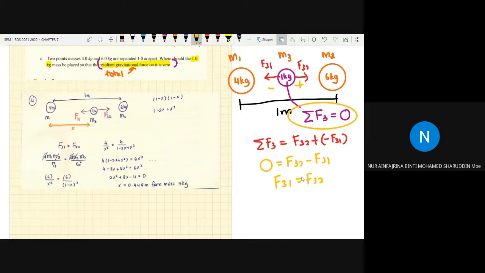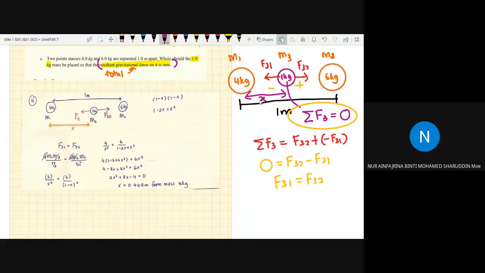Tetapi macam mana Miss nak tentukan distance dia? Dia dah bagi tahu 1 meter and it's up to you. Awak nak kata X awak daripada 4 kg boleh ataupun X awak dari 6 kg.